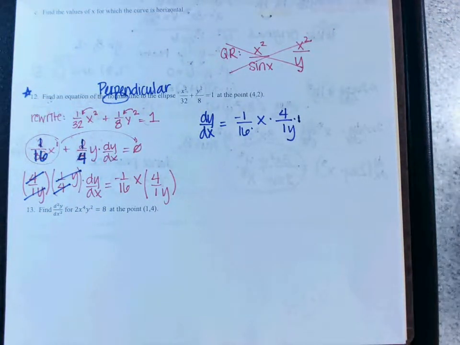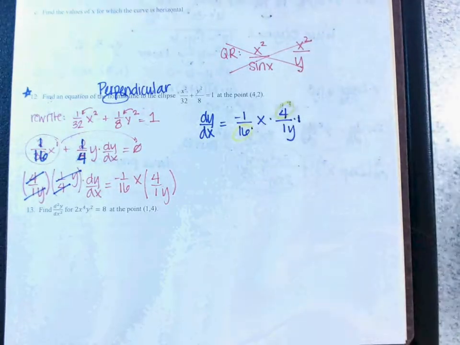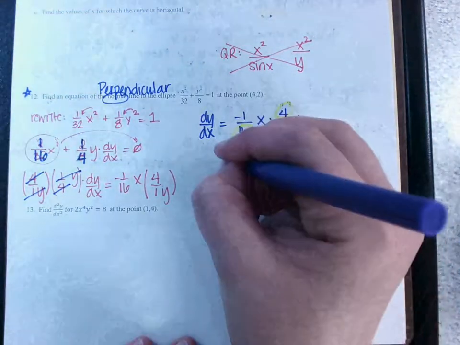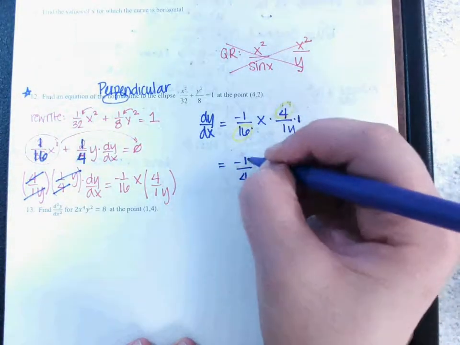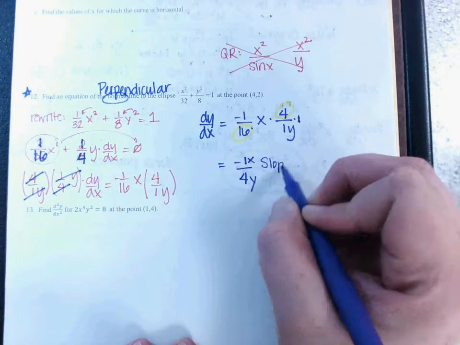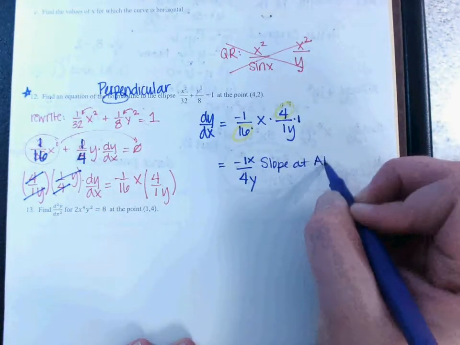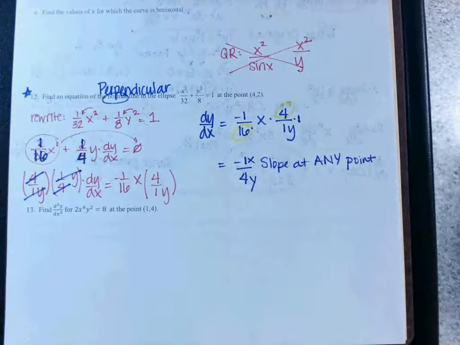Okay, now let's clean that up a little bit. So 4 over 16 can reduce. 4 over 16 is the same as negative 1 over 4, and then my x is on the top, my y is on the bottom. So that's my slope at any point. Okay? Now, if you solve that a little differently, but you got the same answer, then who cares, right?